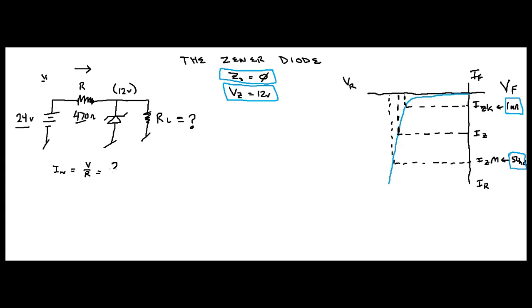This is going to equal 24 volts minus 12 volts divided by 470 ohms. Get it? That's coming right from here. Okay? Now if you calculate that out, you're going to have 25.5 milliamps.